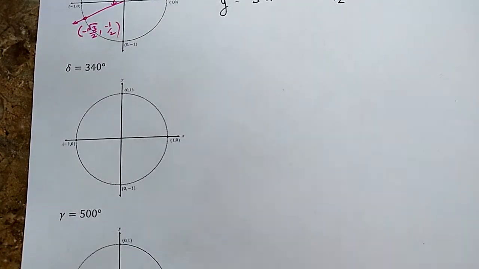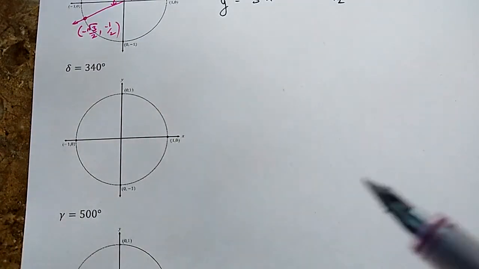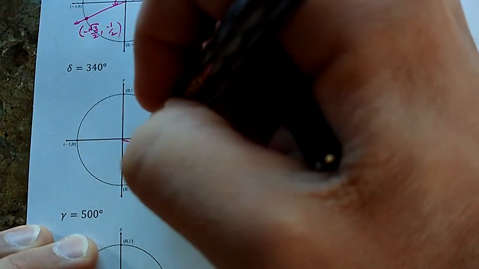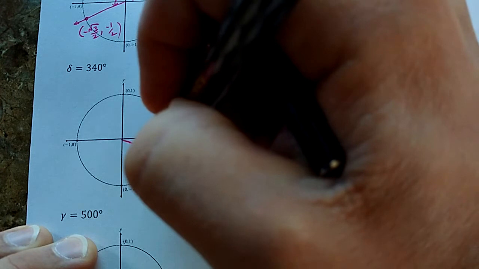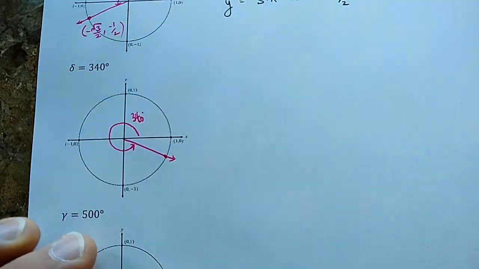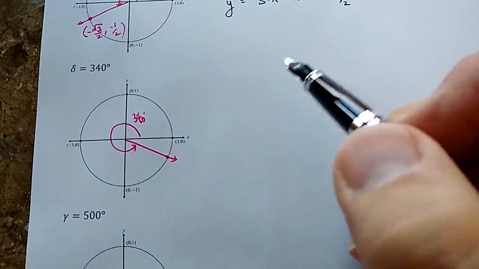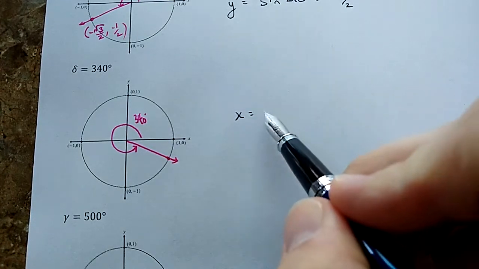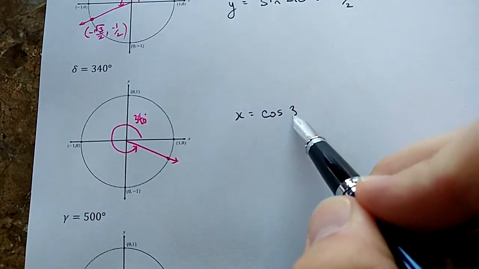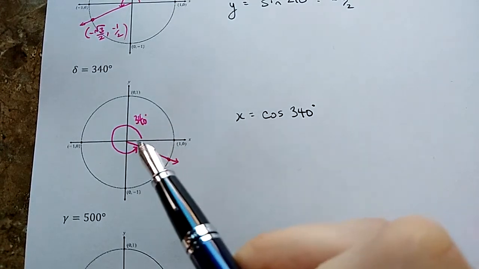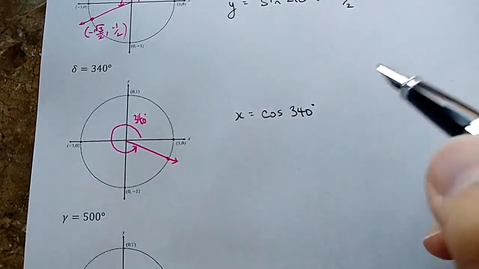This one is a delta, 340 degrees. That's over here. Start by finding the x value. So I'm expecting the x value to be a positive number now since we're on this side in the fourth quadrant.